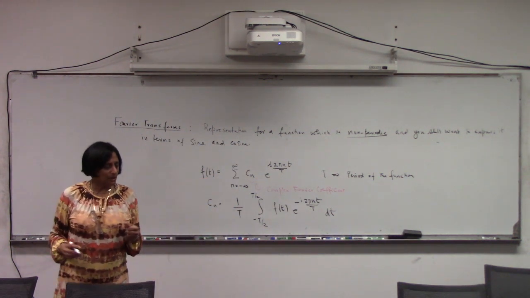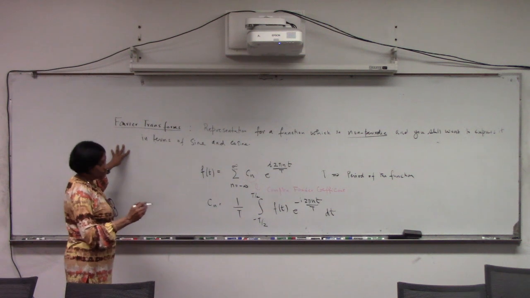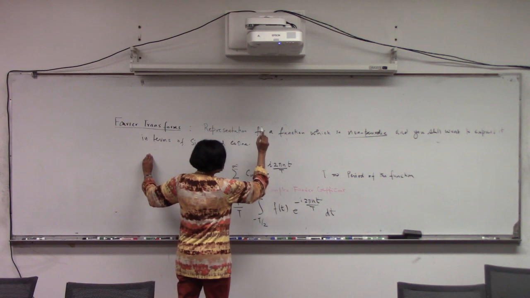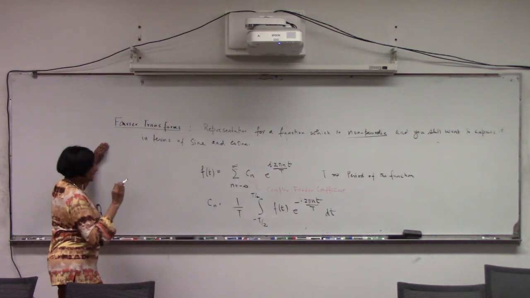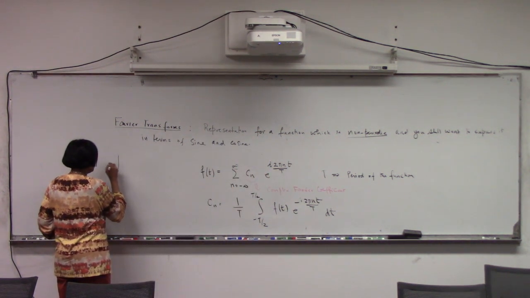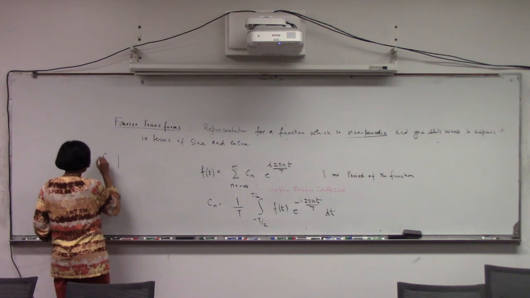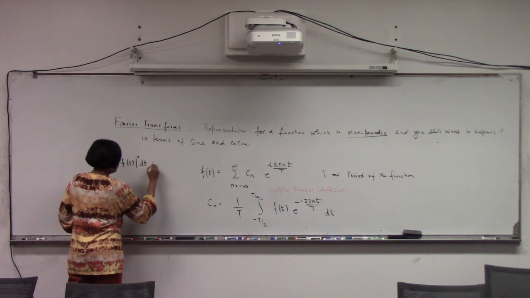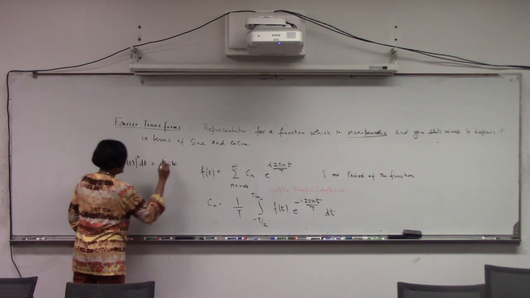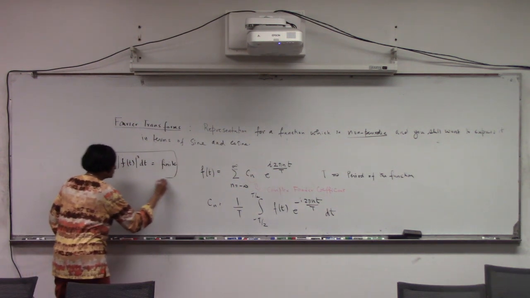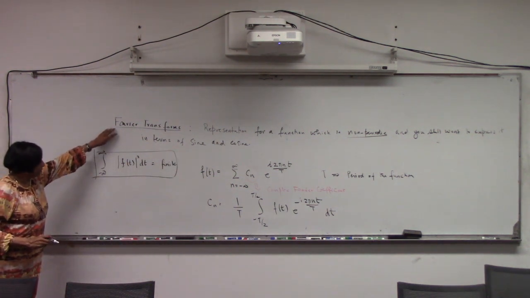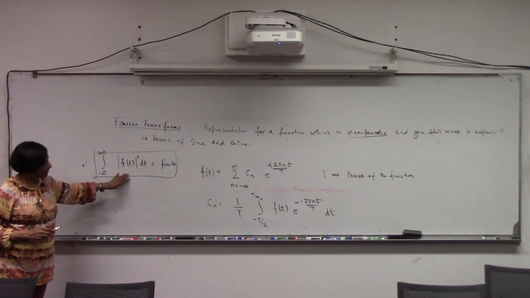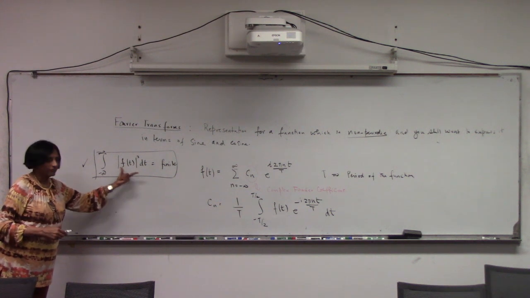This is possible in an infinite domain. Okay, that's what we are going to say. Such a representation is possible in an infinite domain, and also we have to satisfy the condition that the square modulus of the function is finite. So just as we had Dirichlet conditions for a complex Fourier series to exist, for the Fourier transform to exist we have to satisfy this condition. F could be a complex function, right?